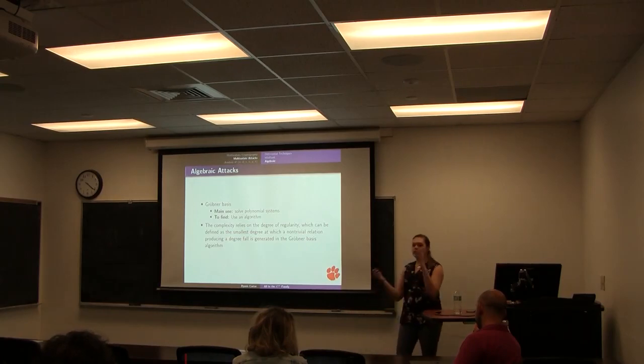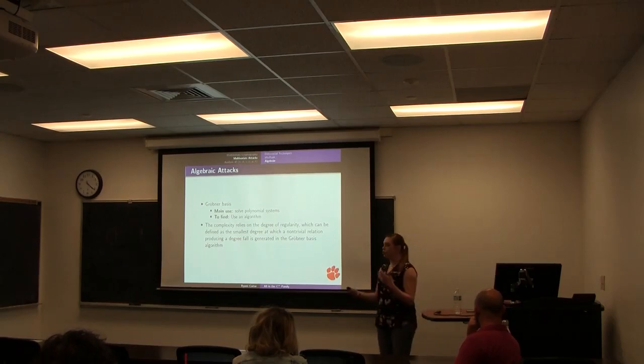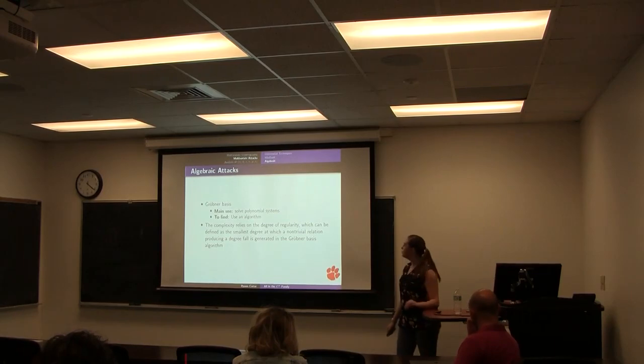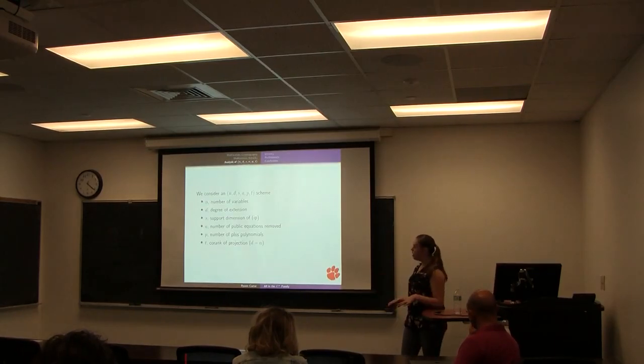So the takeaway is, in order to show that it would be difficult to break a scheme directly, we want to find what the degree of regularity is going to be. All right, so those are the attacks that we want to be secure against, or at least we want to show if there are weaknesses.